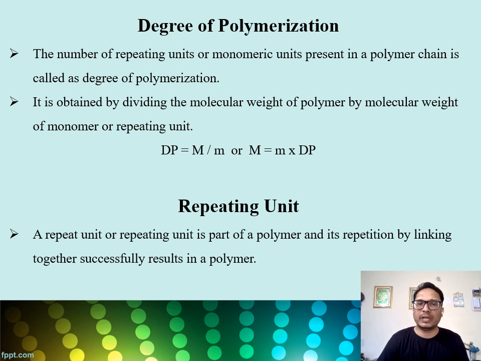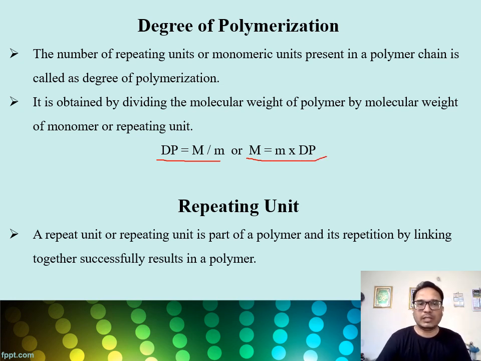The degree of polymerization is generally represented by DP, and it is given by the equation DP equals capital M by small m, where capital M is the molecular weight of the polymer and small m is the molecular weight of the repeating unit or the monomer. Using the degree of polymerization, we can also determine the molecular weight of the polymer by the equation M equals small m into DP.